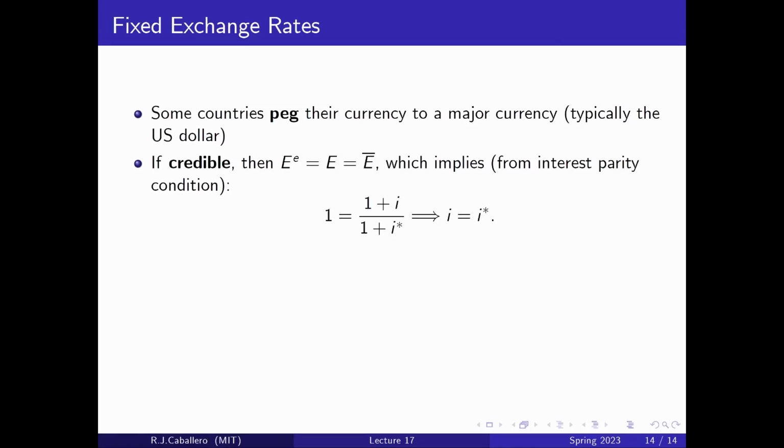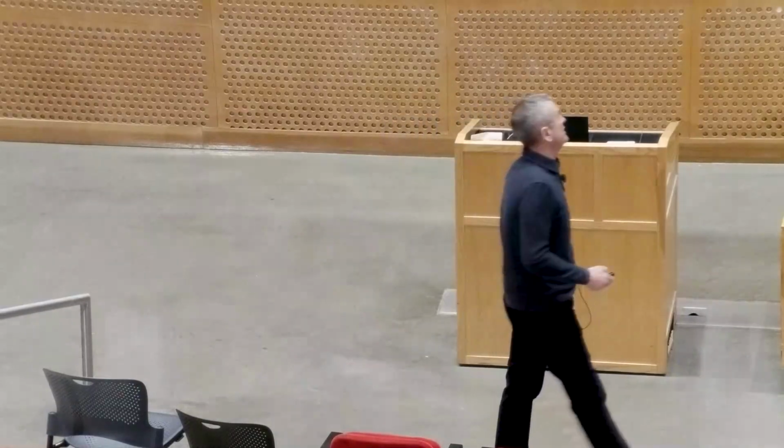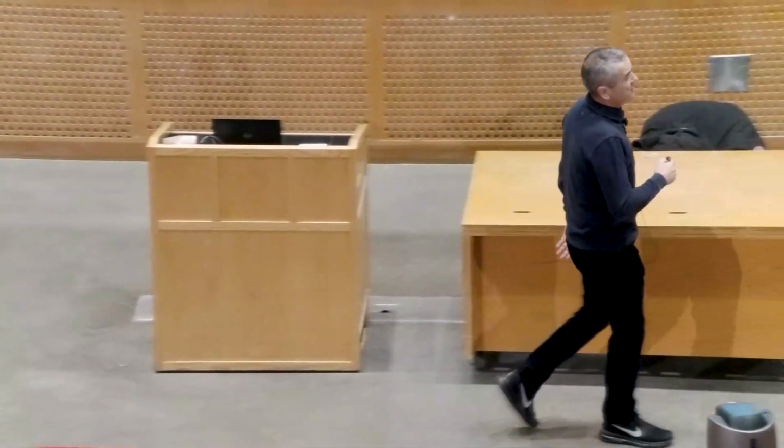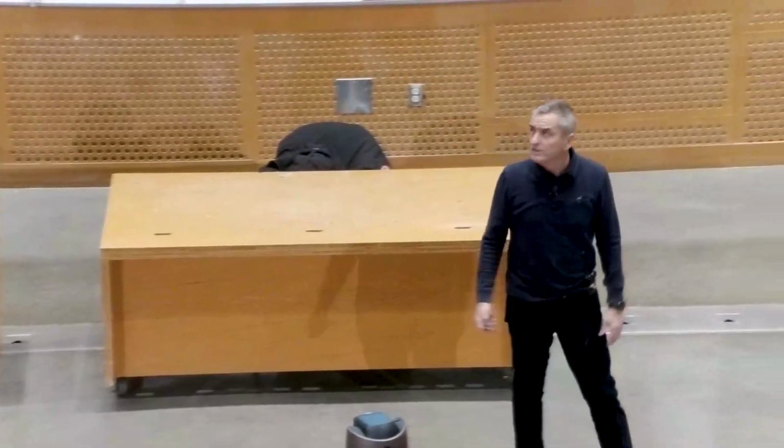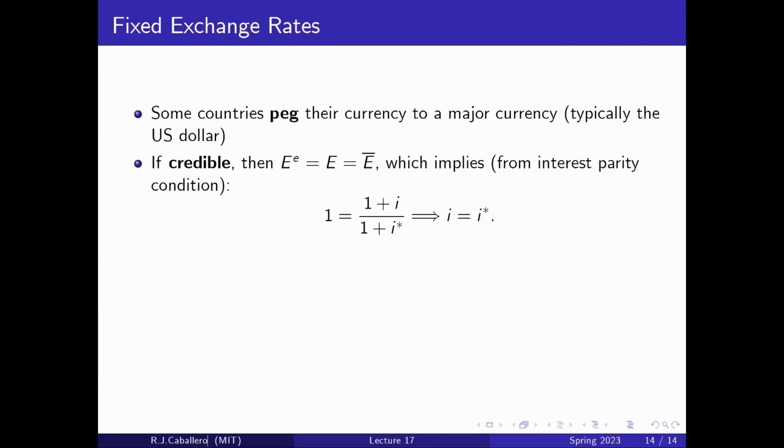That's what it means to have a fixed exchange rate, okay? It's constant. But if this is constant, you can never expect an appreciation or depreciation because it's fixed. And if you can't expect an appreciation or depreciation, the uncovered interest parity condition tells you that your interest rate has to be the same as the foreign interest rate.